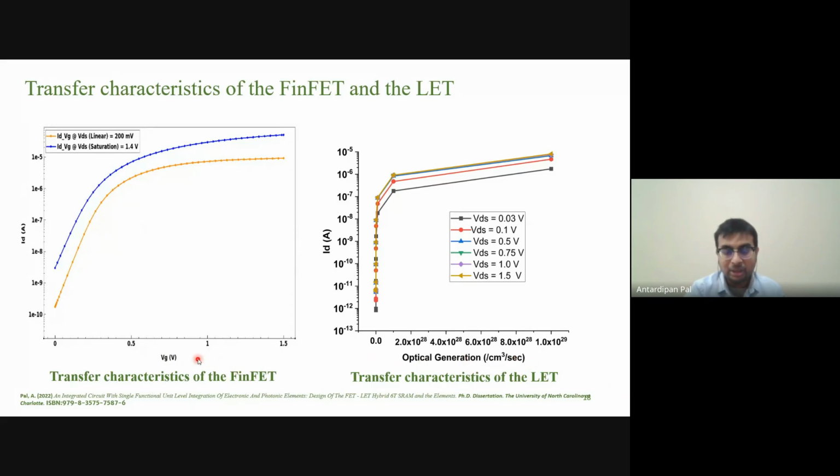It's equivalent to what we have in the case of a FinFET. So we have the drain current, we have the optical generation or the optical gating signal, which behaves as the gate, and we have various drain voltages. Here we have 2 drain voltages, and I chose 1, 2, 3, 4, 5, 6 drain voltages. So operationally, they are the same because they have similar transfer characteristics.